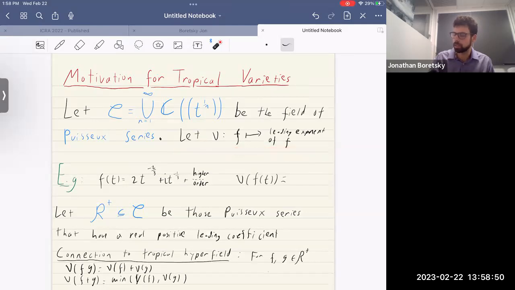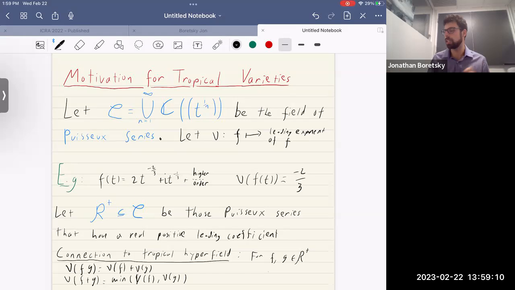So for example, if we took f of t to be this Puiseux series, 2 times t to the minus 2/3 plus i times t to the minus 1/3 plus higher order terms in t, well then nu would just return the value of the leading exponent, which is negative 2/3. So this valuation map just gives you the leading exponent.